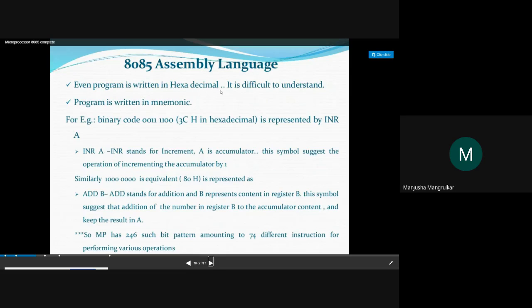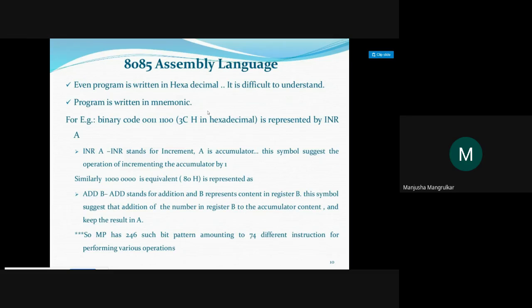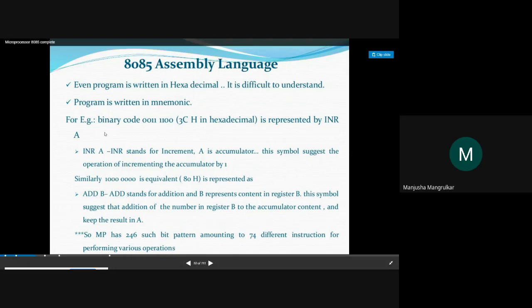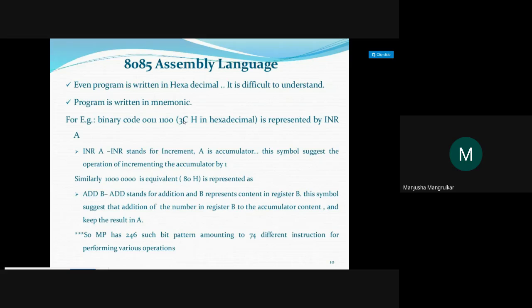Even when the program is written in hexadecimal, it is difficult to understand, so the program is written in mnemonics. It is very difficult to write the program in hexadecimal. For example, we know that 3C hex, H is defined, means the accumulator data is incremented by 1.